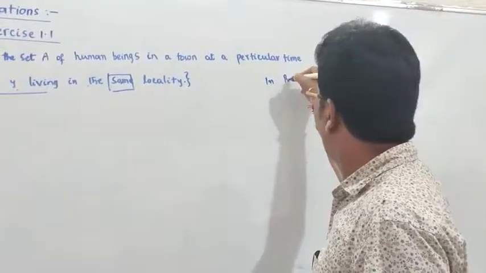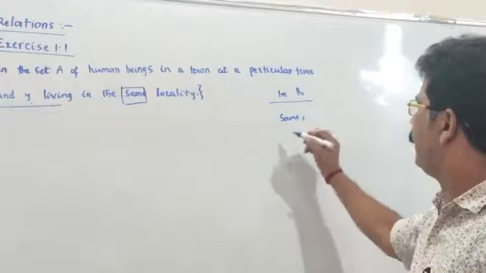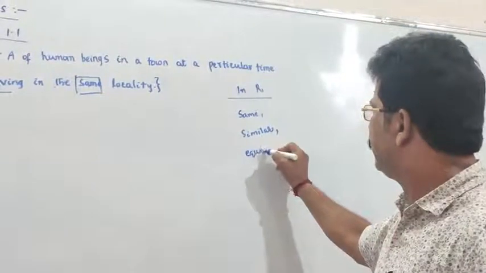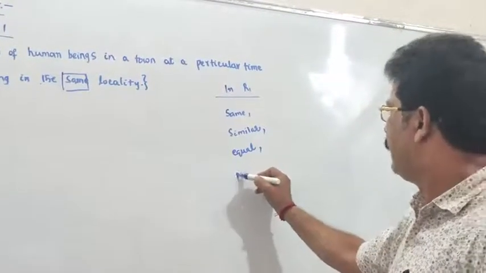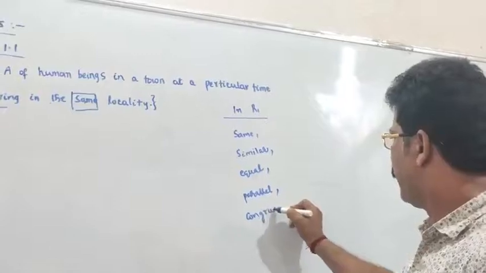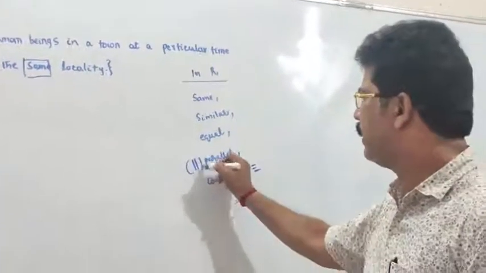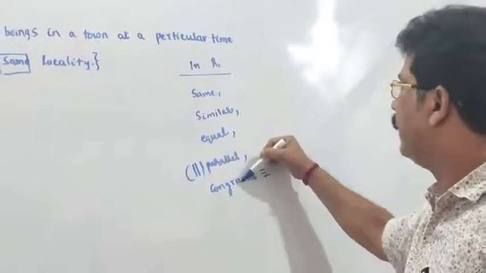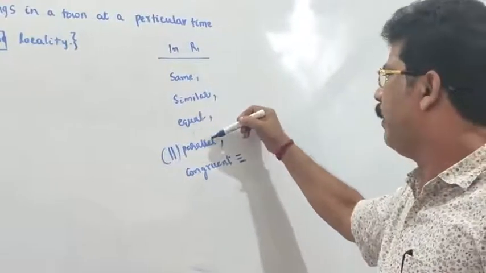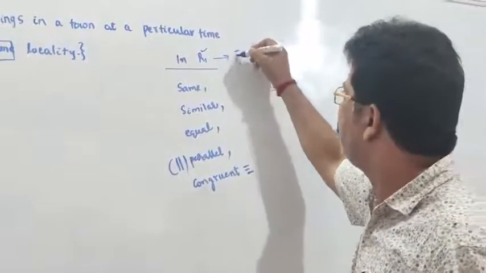In capital R, if the word same, similar, equal, parallel, or congruent is given, meaning a symbol like that, you already know the parallel symbol. These 5 words mean that if any of them is there in capital R, definitely this capital R is an equivalence relation.